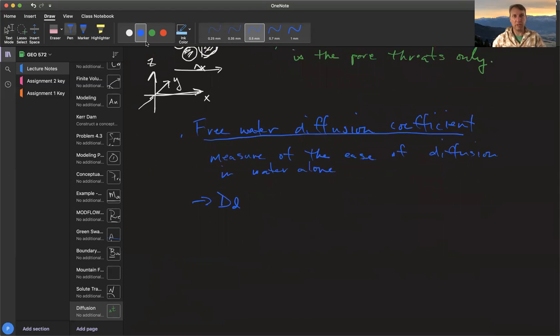And in a porous media, we have the effective diffusion coefficient.